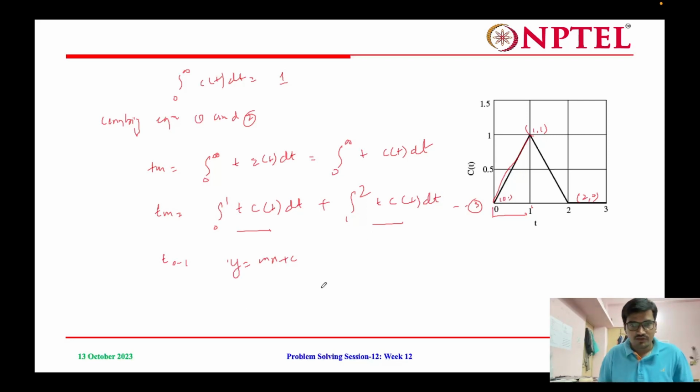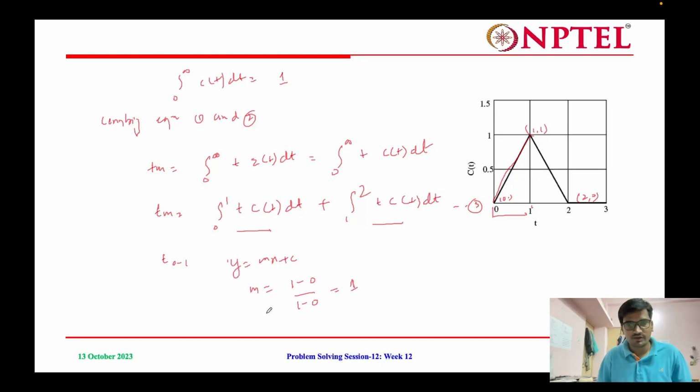The slope m is 1 minus 0, which is 1, and the intercept of this line is 0.